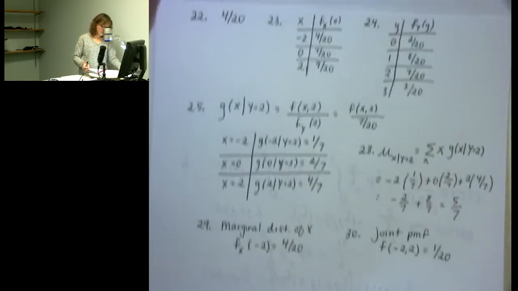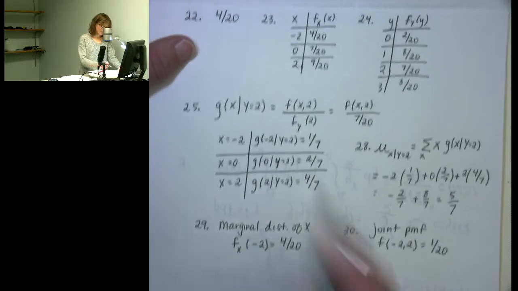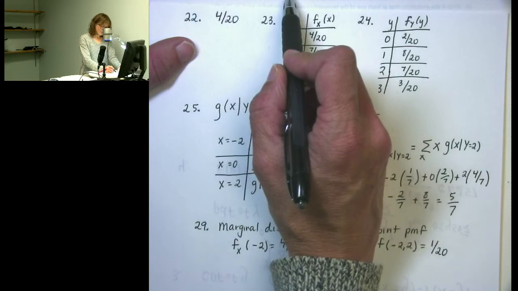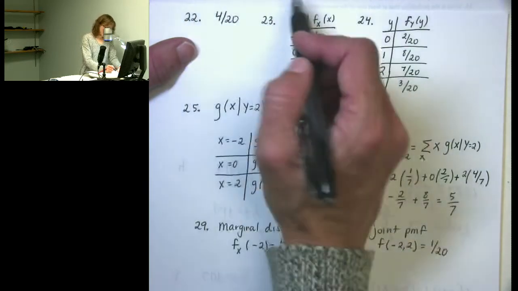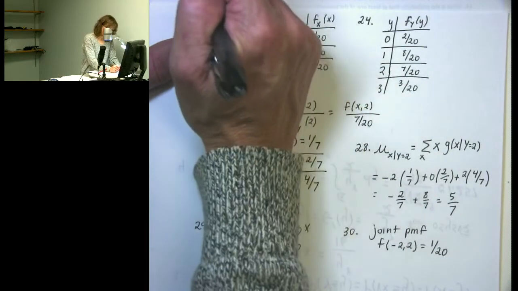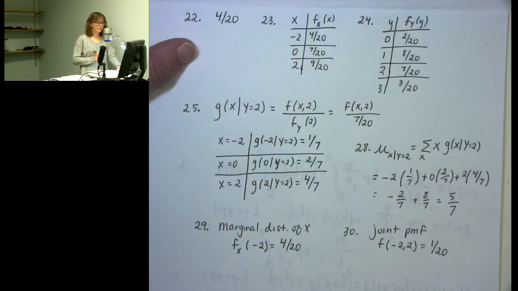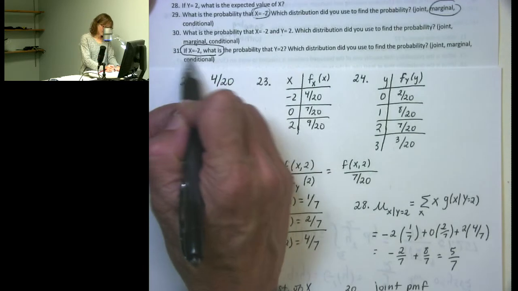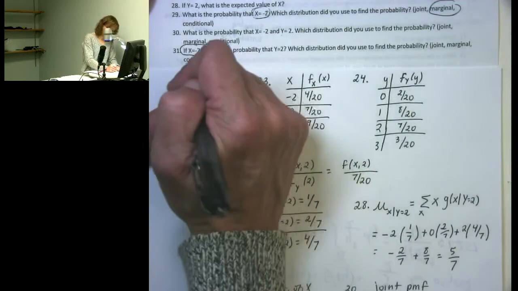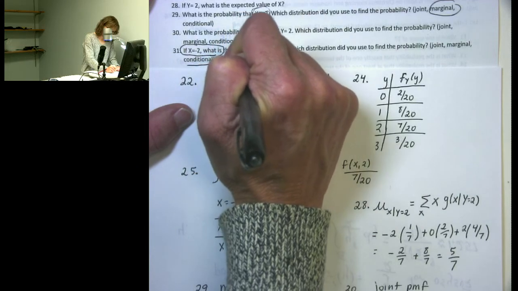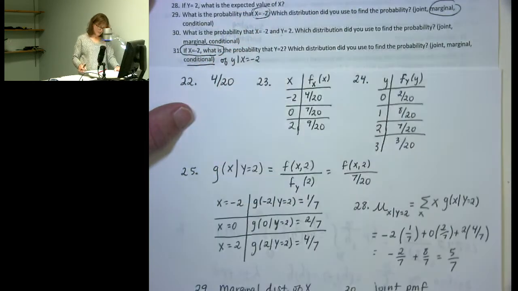And then finally, for question 31, if x is equal to negative 2, what is the probability that y is equal to 2? Here I'm interested in both variables, but I've got an if statement, so that's conditional on x being equal to negative 2. So I'm going to be using a conditional distribution of y given x equals negative 2.